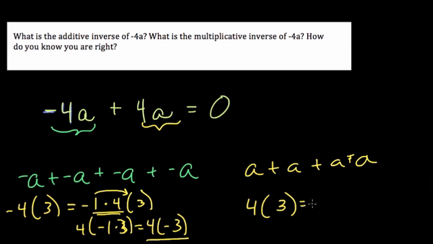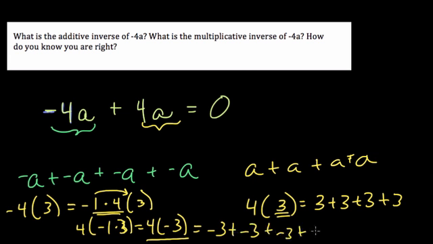You'll see why that's useful in a second to help envision this problem. So 4 times 3, that's just 12. But you can think of that as 4 groups of 3. And that is exactly what we're saying here, 4 groups of a. 3 could be a or whatever. Here, we have 4 groups of negative 3. So in the same way, we can think of that as negative 3 plus negative 3 plus negative 3 plus negative 3, or negative a plus negative a plus negative a plus negative a.